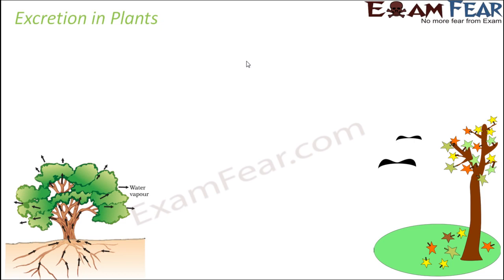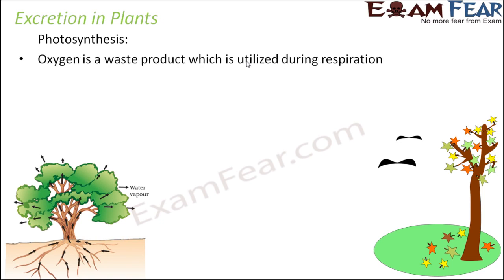Let us quickly talk about excretion in plants. How does this process take place in plants? Now, we all know about the process of photosynthesis. This is the process by which the leaves or the green parts of the plant prepare food for the plant, and they do it with the help of carbon dioxide and water. As a result of photosynthesis, food is prepared in the form of glucose, and one byproduct is oxygen.